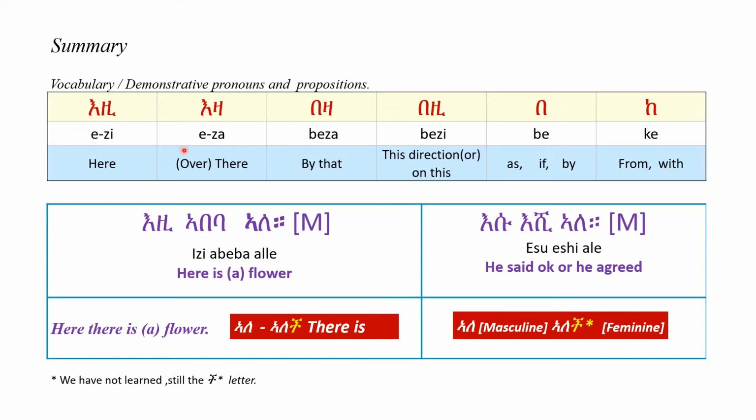Ezi, eza, beza, bezi, beke. Ezi, abeba, ale. Esu, eshi, ale.